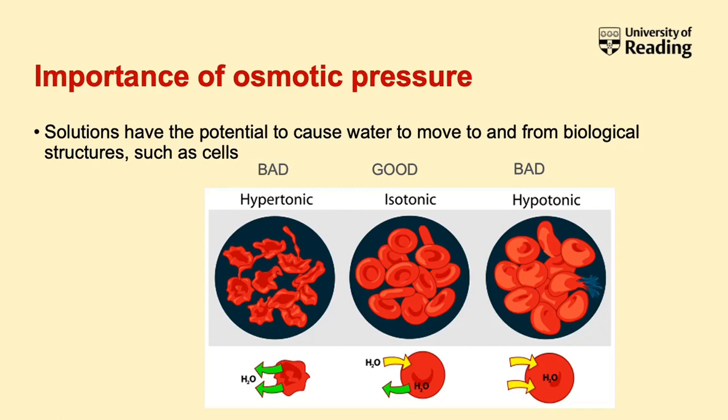If you go to a hypotonic situation, which of course would not be so great, you'd be in a situation where you've got too much movement of water into the cells, and that would lead to swelling of those cells, and they would then just break apart. And if you go in the other direction, hypertonic, then you would have a net movement of water away from the cells.